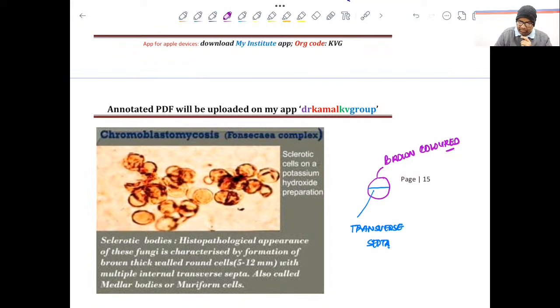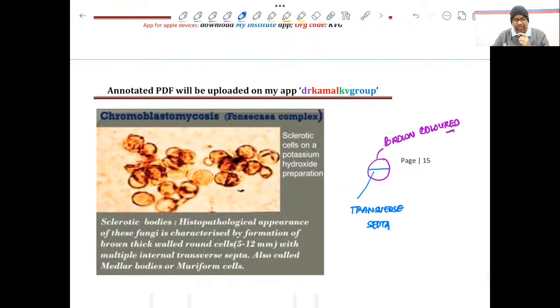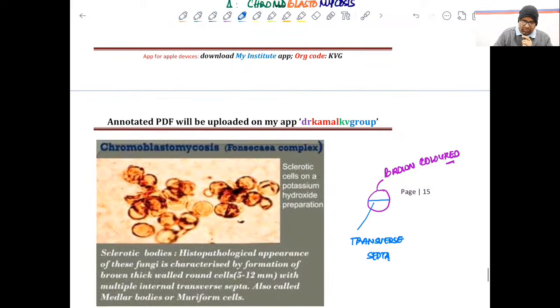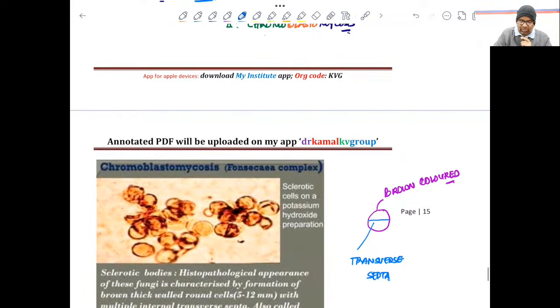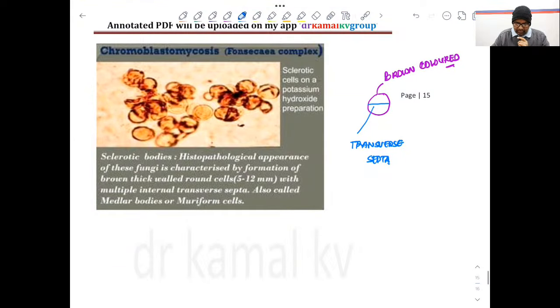So these are actually the sclerotic bodies or medlar bodies of chromoblastomycosis. Fine? So the moment you see anything brown colored, copper colored related to some fungal infection, if you don't know the answer, it's better to mark the answer as chromoblastomycosis. Clear?